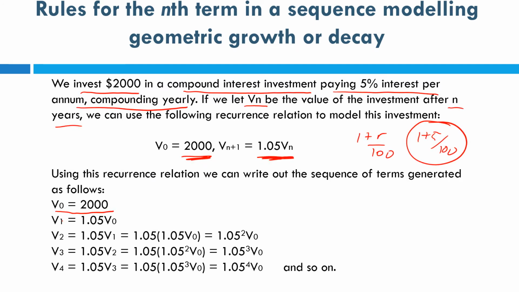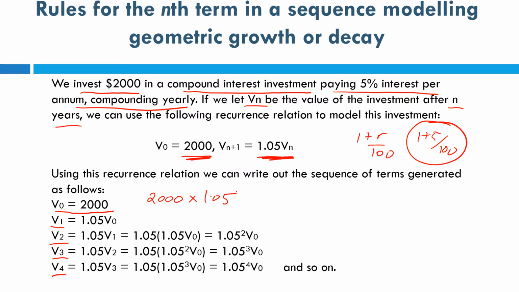We have an initial amount of $2,000 and we have to work out what's going to be in there after 1 year once the compound interest has been added. So effectively we're multiplying it by capital R. So we're saying 2,000 times 1.05 in this case.